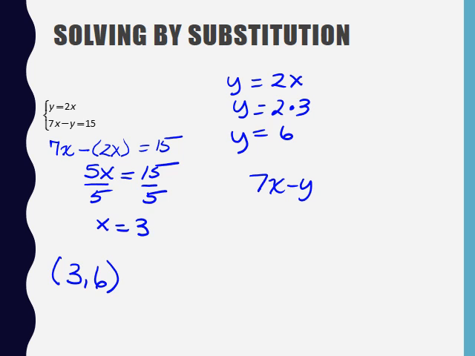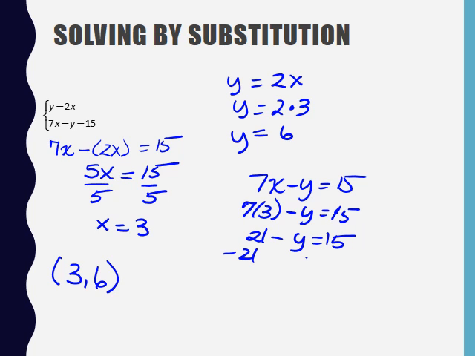So 7x minus y equals 15. 7 times 3 minus y equals 15. So 21 minus y equals 15. If I subtract 21, I'm going to get negative y equals negative 6. And dividing by negative 1, y equals 6.